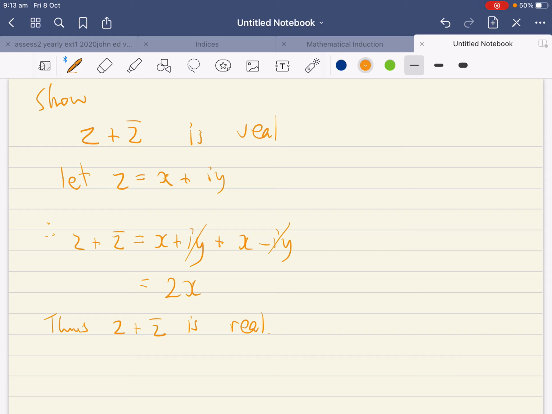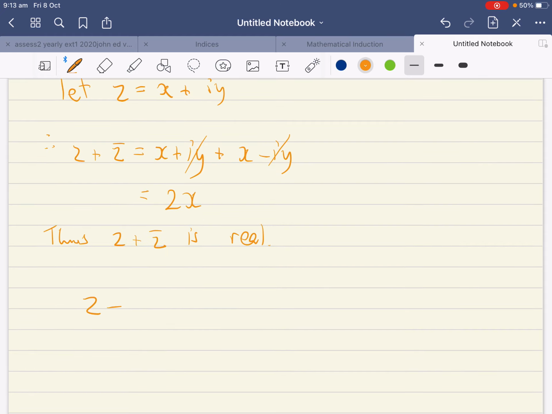Or if you were to potentially get a question that was asking you to show an expression is completely imaginary, like for example, z minus z bar, then in this particular case, you do the same thing. Maybe let z be, pick whatever pronumerals you want, it doesn't matter. And just go ahead and sub it in to the expression.